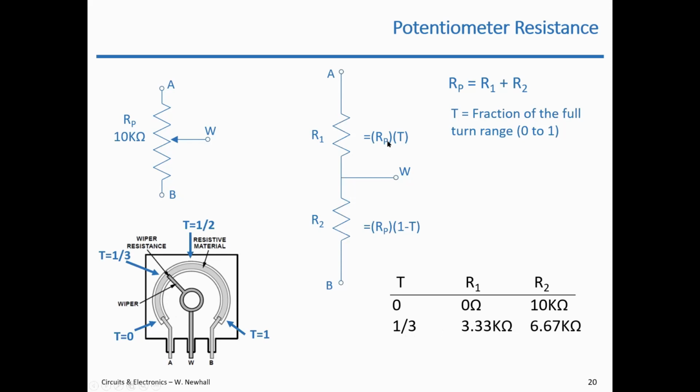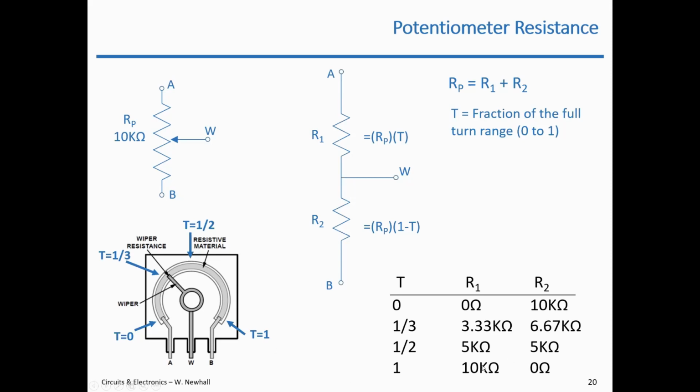That's RP times T, between A and W. And then between B and W, I have 6.67 k ohms. Likewise for halfway, if I turn the knob halfway, I have half the resistance for R1, half the resistance for R2. And if I turn the knob all the way, now W is touching B, so there's 0 ohm resistance between W and B, 10 k ohms between A and W.